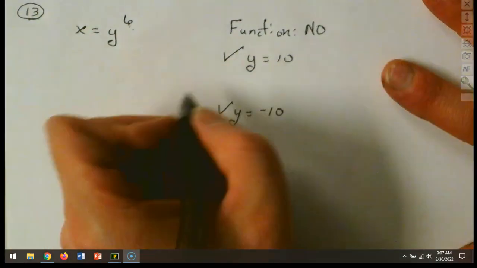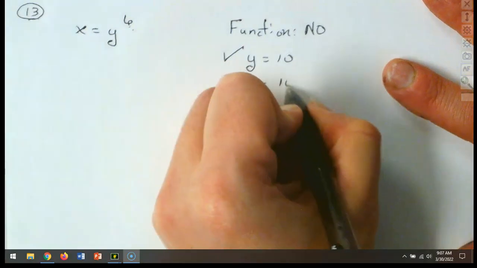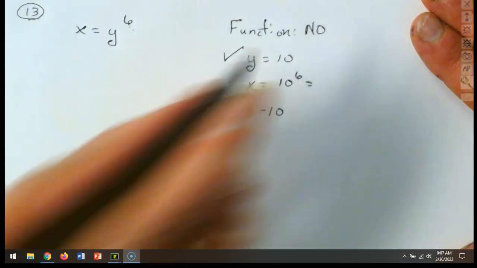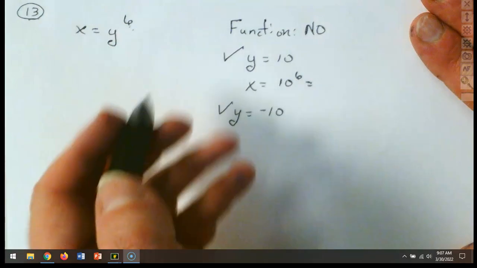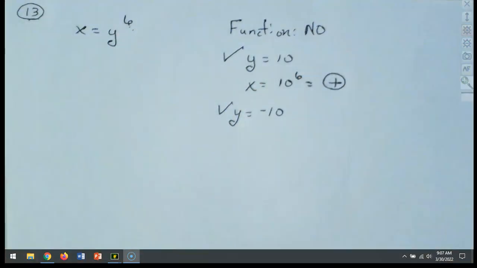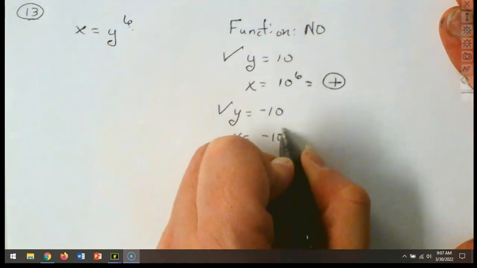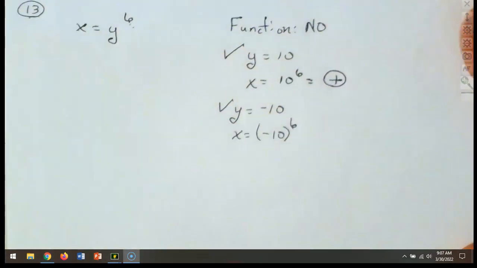So if I plug in y equals 10, well, 10 to the 6th, just by looking at it without even using a calculator, you can tell that that is going to be positive, because a positive number to a sixth power stays positive. What about negative 10 to the 6th power? Is that going to stay positive or become negative?